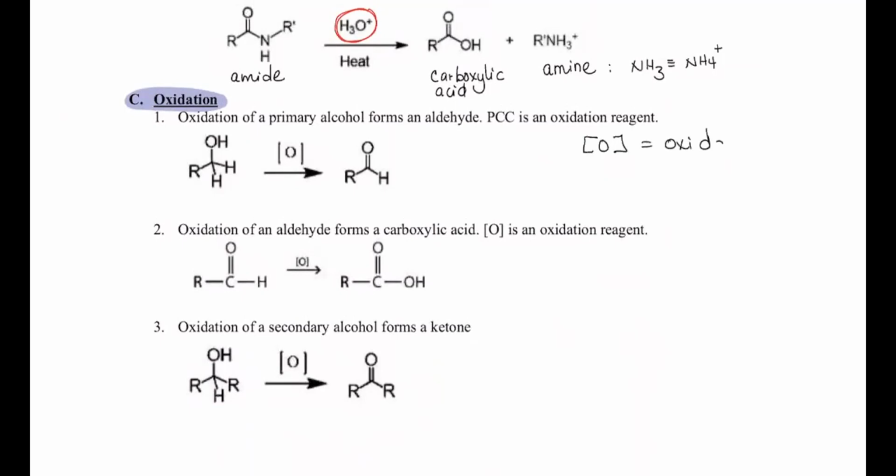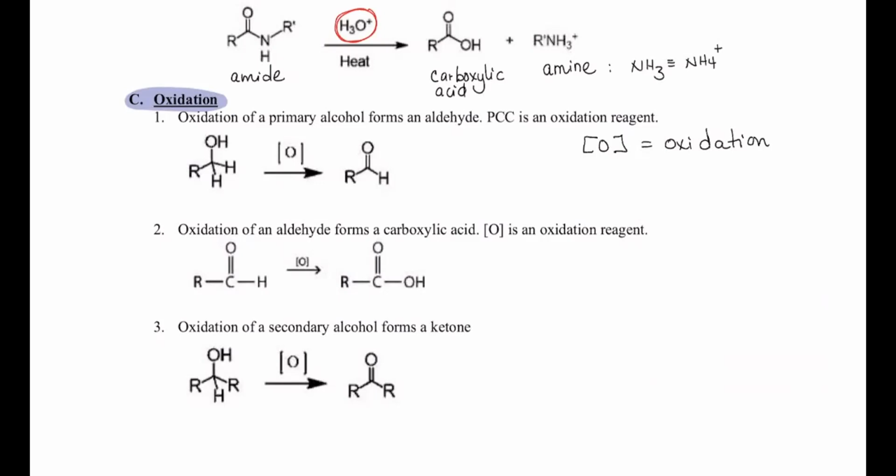Immediately, if you see an O in brackets, that means an oxidation, okay? When it comes to organic chemistry, remember that oxidation means that we are going to increase the number of bonds to oxygen in a molecule, and we are going to be losing hydrogens, okay?